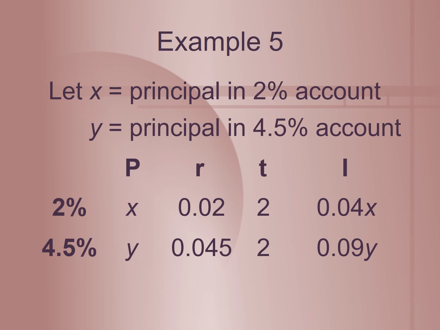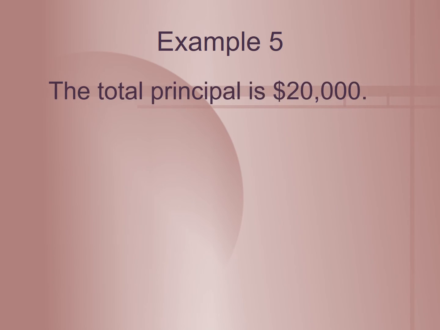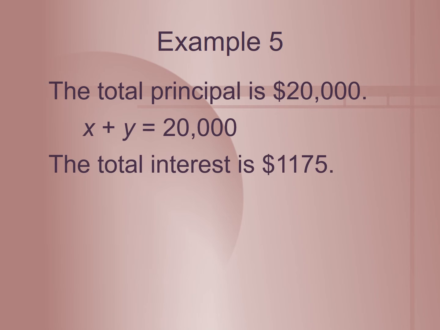Now that we have set up our table, we can set up our 2 equations. We know that the total principal on both accounts has to add up to $20,000, which means x plus y is equal to 20,000. We also know that the total interest was 1,175.